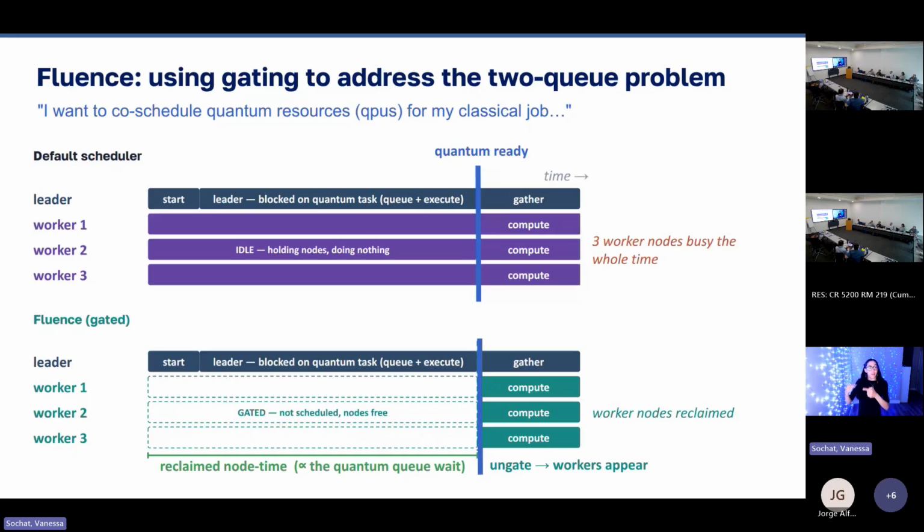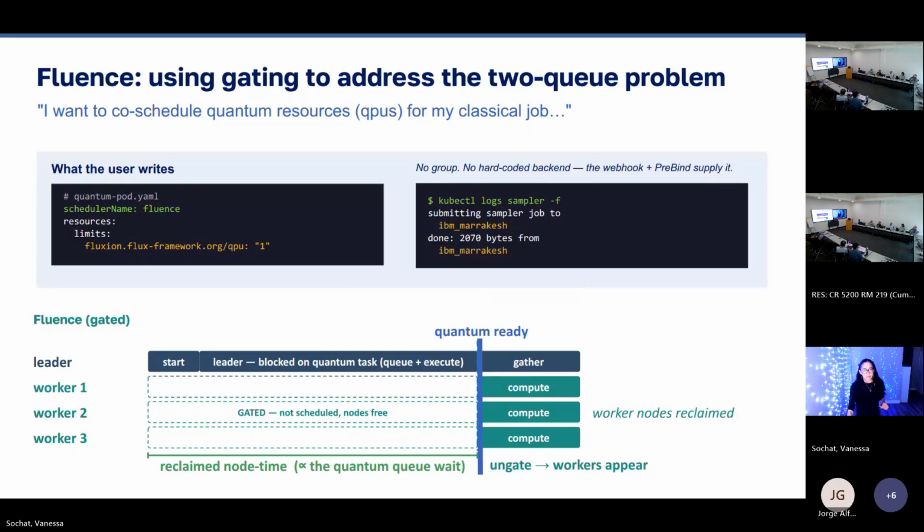A lot of these vendor APIs give you that little bit of transparency that allows you to see, okay, my job is number 4, number 2, my job is number 1. The quantum is ready. And so when the sidecar sees that the quantum resources are ready, it ungates the classical workers. And then we have confidence that they start running at around the same time.